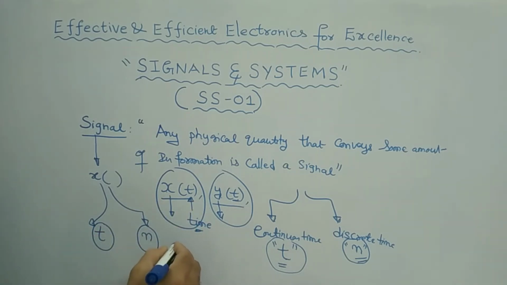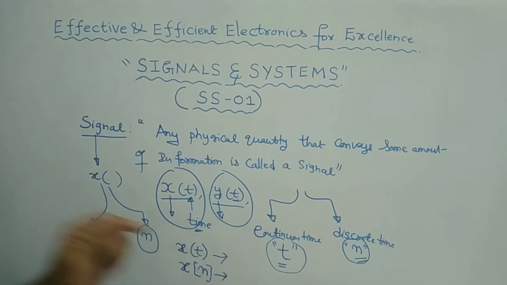Understood? You are getting it now, I think. So if you write the signal x of t, then this x of t is called a continuous time signal. If I am considering discrete time, then you must write x of n. This is the discrete time signal. This is the continuous time signal.